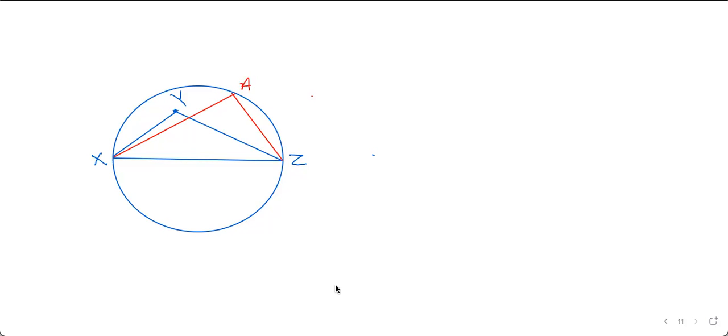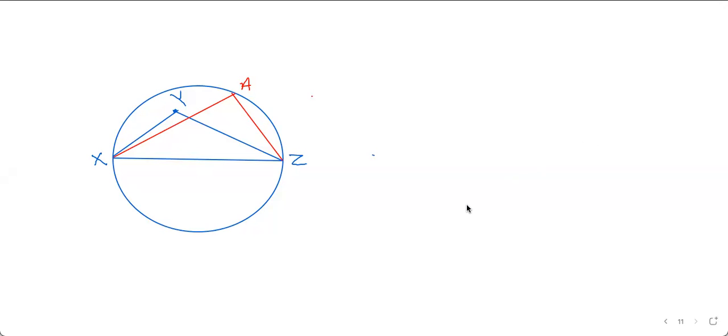A. XAZ. What will be the measure of angle XAZ? Angle XAZ will be 90 degrees because it is an angle inscribed in a semicircle.